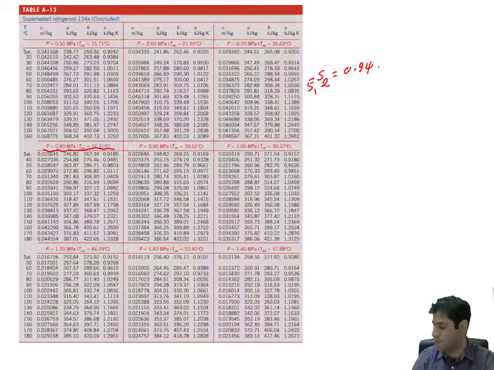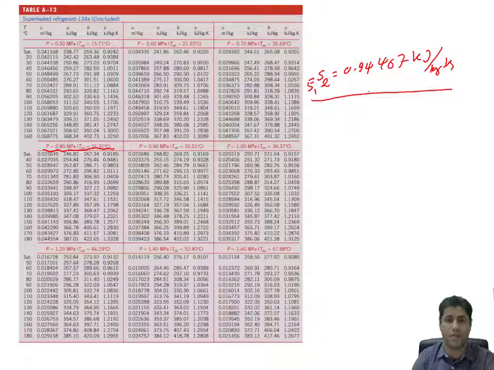I just have written here for myself, kilojoule per kilogram Kelvin. So we have entropy for this state as well. This is the pressure. So we need to compare the entropy which we have for this state with the entropy at different temperatures. As you can see here, the enthalpy in the superheated region changes with the temperature as well.